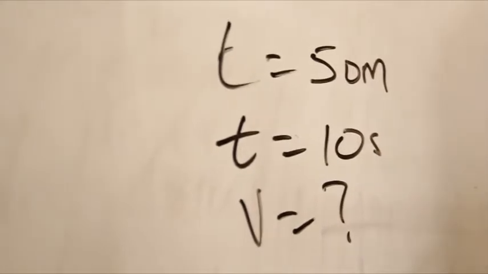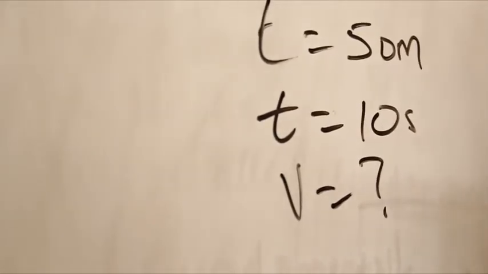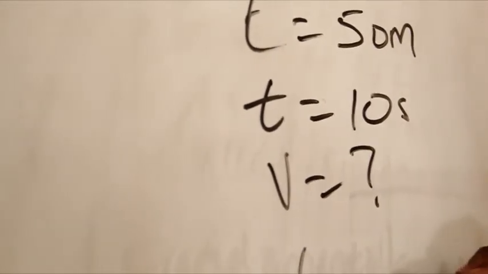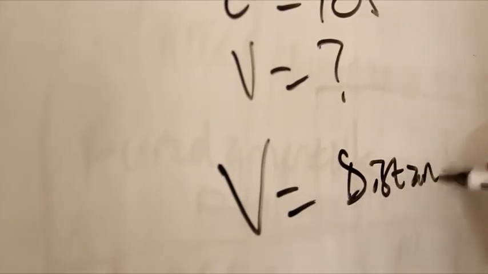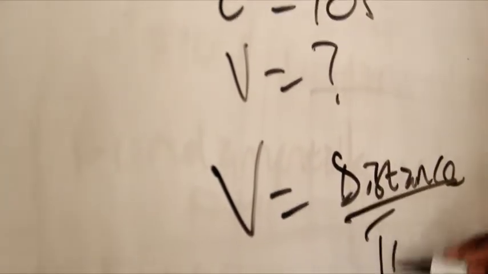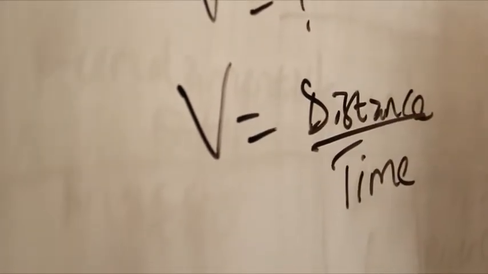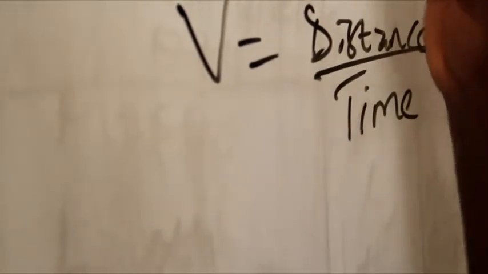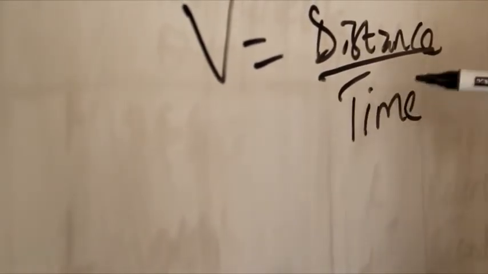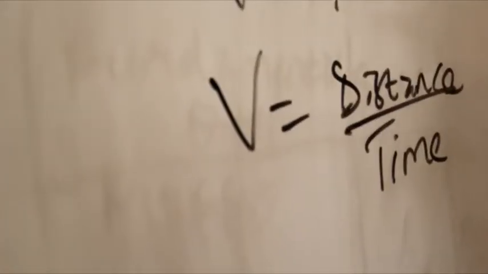You can go back a few minutes ago, and you would see that velocity is derived by dividing distance or length by time. This is what I said earlier. So distance has been given as 50 meters. Note that distance and length can be used interchangeably. And time has been given as 10 seconds.